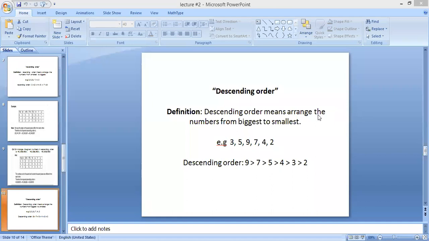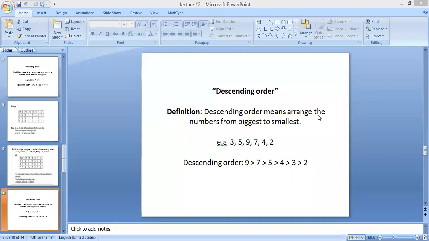Before this, you have done the definition of ascending, but here it's descending. For descending, you always arrange the numbers from biggest to smallest. The same example from your daily life: you have 3, 5, 9, 7, 4, 2. The simplest numbers. And you want to arrange these numbers in descending order.